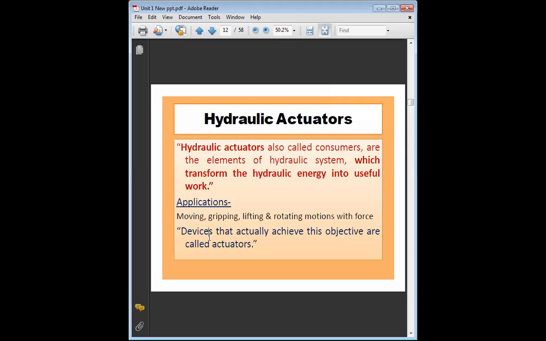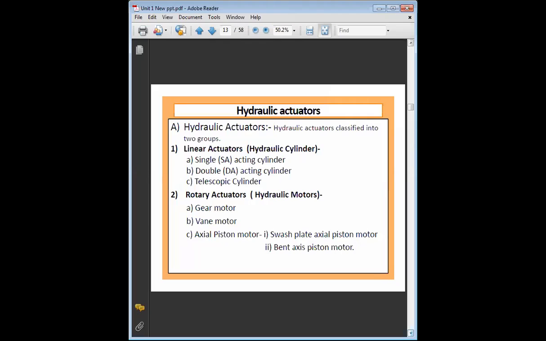Getting it? Now, depending upon the motion produced or transmitted at the end of the actuator, the actuators are classified as first the linear actuator, and the second subgroup is called the rotary actuator.